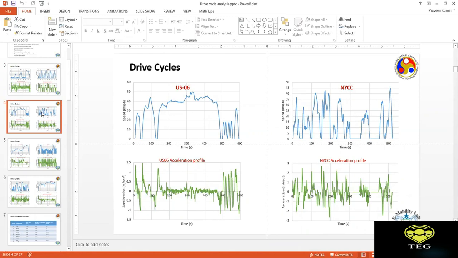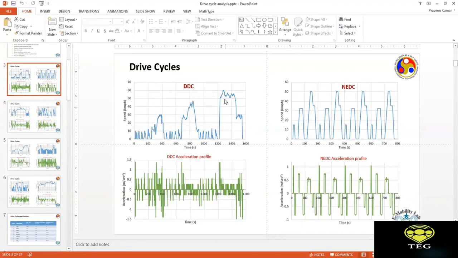Moreover, there is something very typical for the Delhi drive cycle. Do you see that 60 kilometer per hour range? Even at those speeds, somebody accelerates from 50 to 60, then brakes, then accelerates, then brakes, and so on. So even in the high speed region, there is frequent braking and acceleration.